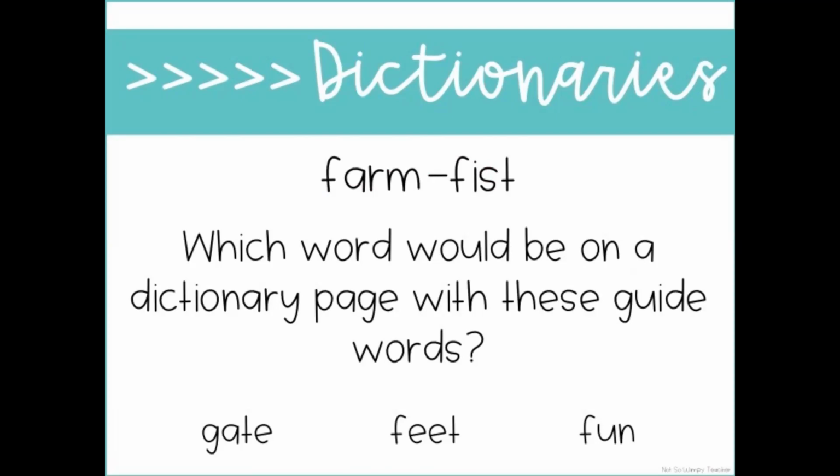So looking at that second letter, we have an E and a U. Does an E come between A and I, after the F in farm and the F in fist? Yes. Does a U come between A and I? It does not. So feet would be one of the words that we would find on this dictionary page.